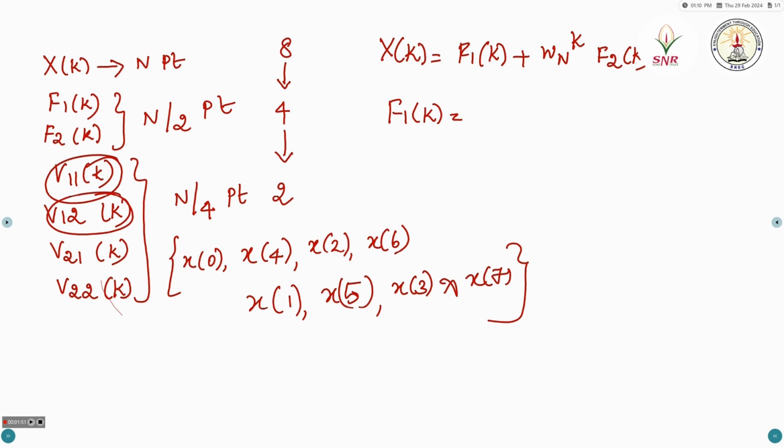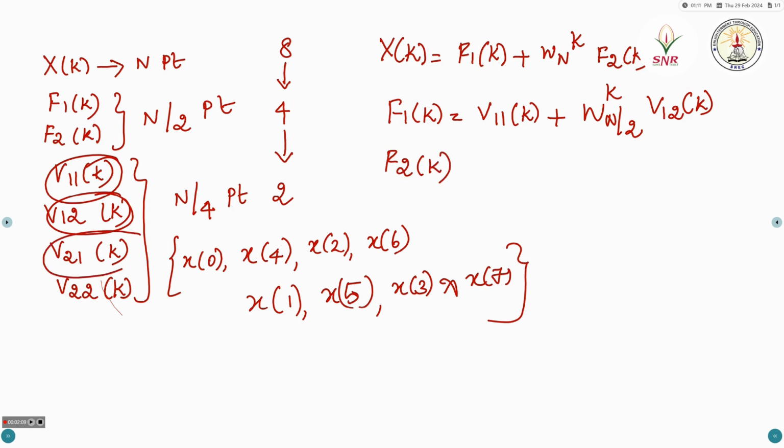So it represents v11 of k plus w n by 2 power k v12 of k. Similarly, my f2 of k is the combination of v21 of k and v22 of k. So it becomes v21 of k plus w n by 2 power k v22 of k.